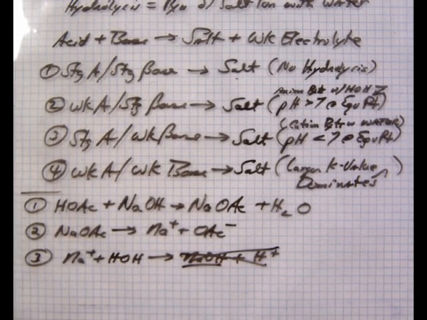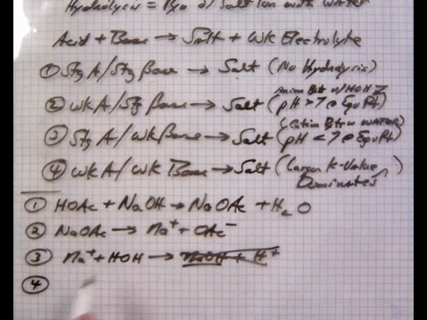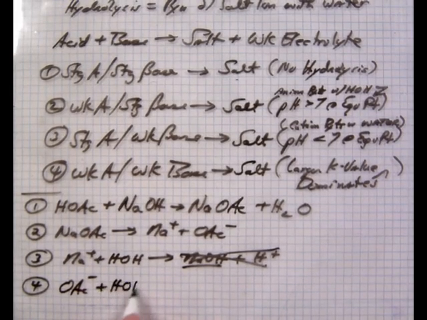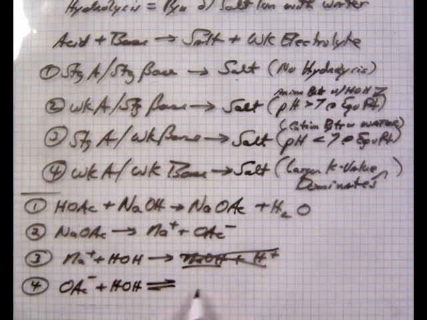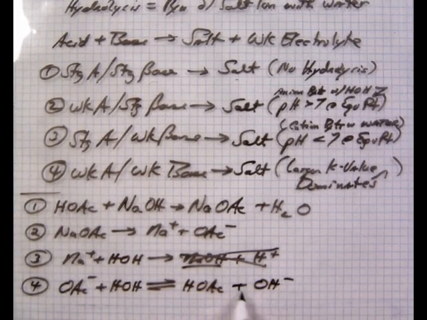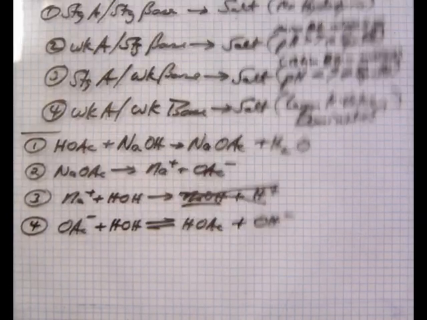So the conclusion here is no reaction. The acetate anion will react with water and set up an equilibrium of a weak acid plus an excess of hydroxides, and that's what accounts for the shift in pH, the increase in pH at the equivalence point.